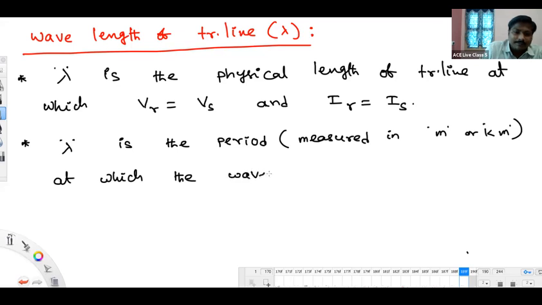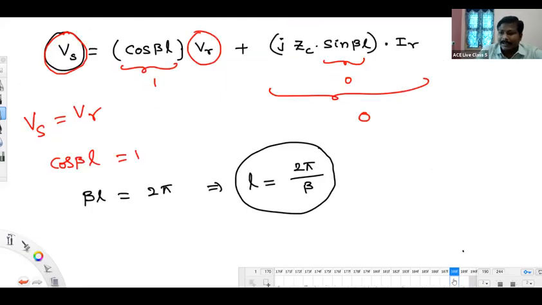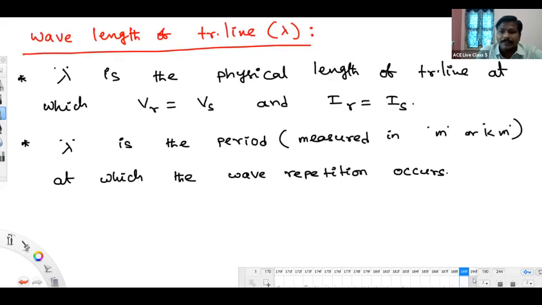At which the wave is going to be repeated. Next. Listen, please. I will discuss a little about that wave repetition, then I will recall the formula for lambda, which is nothing but 2 pi by beta. Already we have written.